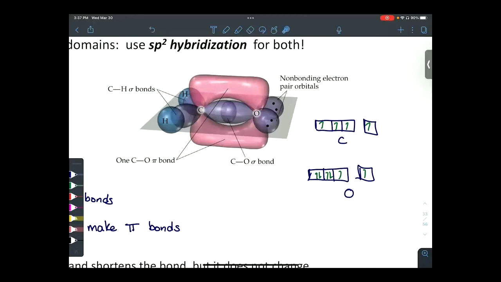So there's a sigma interaction between the carbon and the oxygen, because a double bond always has 2 components, sigma and pi. That type of overlap right here, that's my sigma interaction. That's between one of these sp2 hybrids on carbon and one of the sp2 hybrids on oxygen. These 2 electrons are overlapping to make my sigma bond.